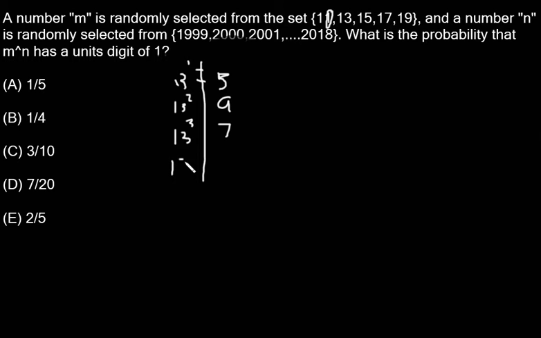If I did 13 to the fourth power, I would get a units digit of 1, because 3 to the fourth power is 81. Every single time we raise 13 to a power that is a multiple of 4, like 4, 8, 12, because 4 times 2 is 8, 4 times 3 is 12, and so on, we get a units digit of 1.